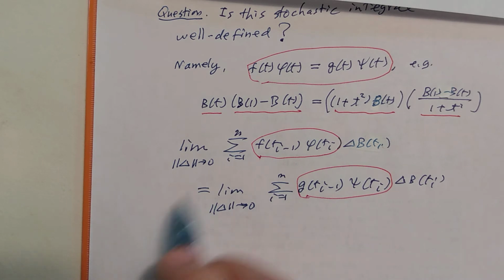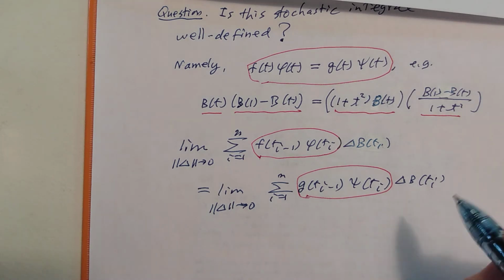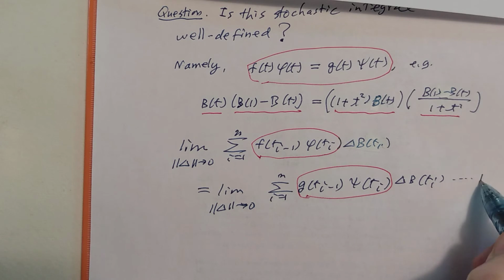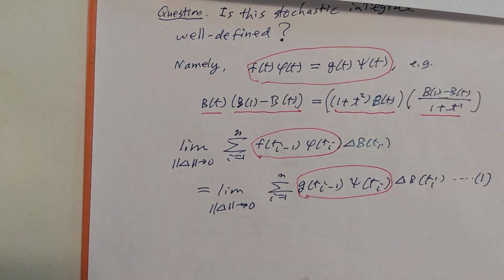Okay, so that is the question. Let's put this as equation 1. So we need to prove equation 1 in order to show that the stochastic integral is well defined.